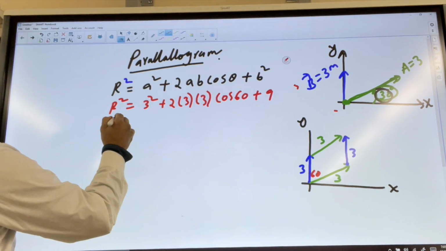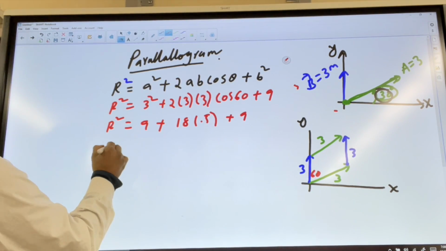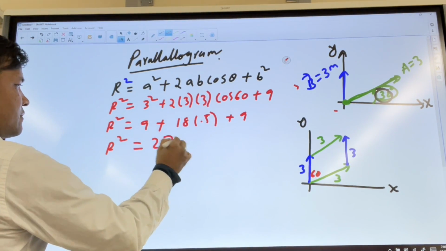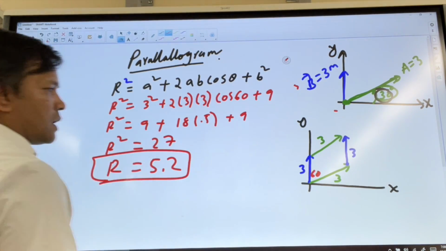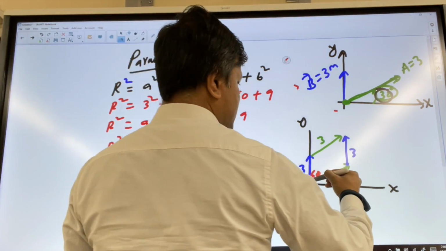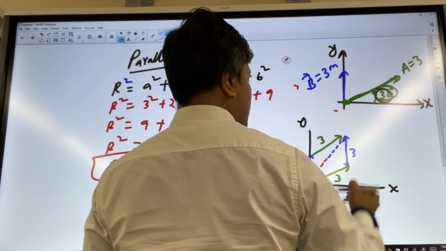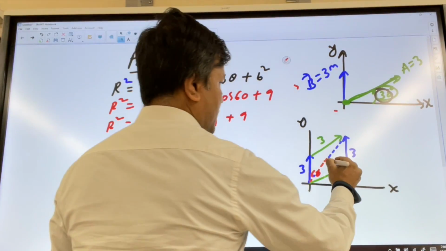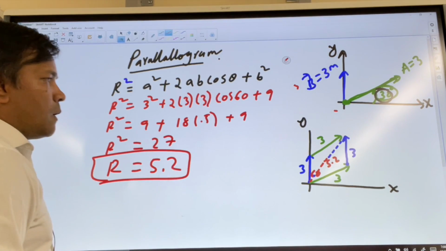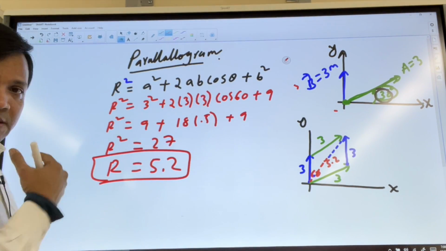So r squared is equal to 9 plus 9 plus 9, so r squared is 27. So r is 5.2. So the parallelogram law gives us the resultant, which is of course 5.2.